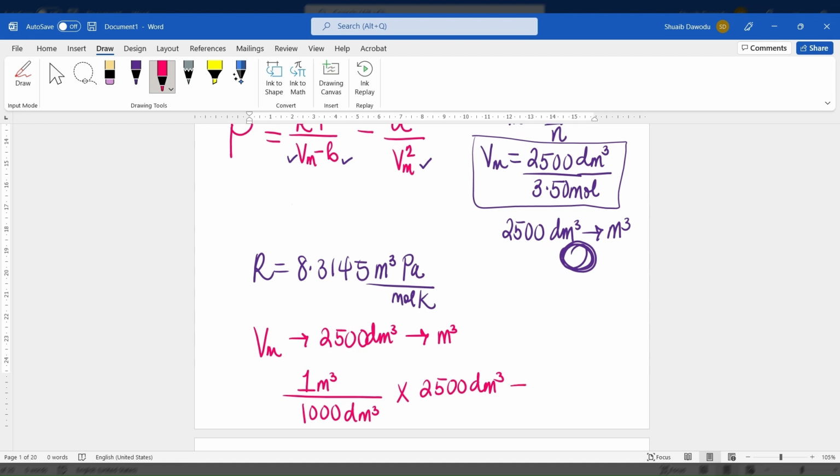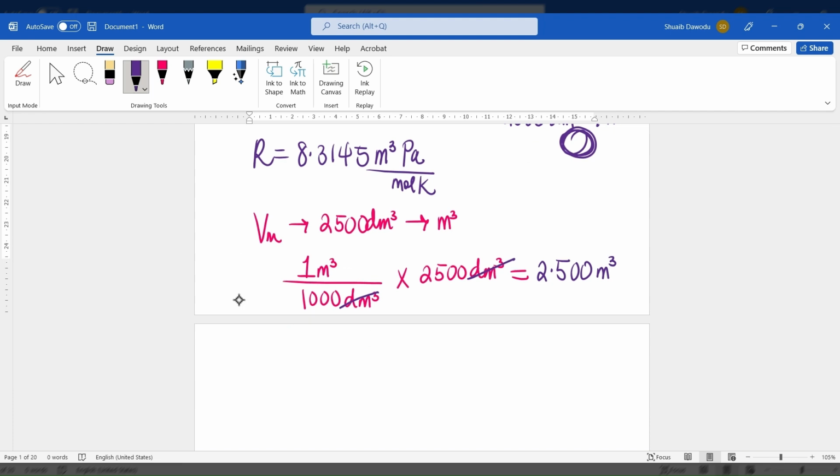You cancel out the decimeter cube, and 2500 divided by 1000 is simply 2.500 meter cube. Sorry, this is just the volume, not the molar volume.